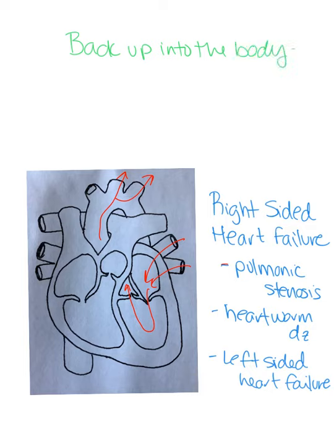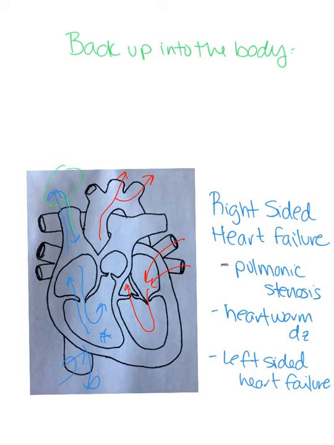So what this looks like, we're going to have blood that's going to be coming in the vena cavas, coming into the right atrium down to the right ventricle, but when this starts to fail, it's also going to be backing up, going in the reverse direction back into that right atrium, and also back out into the body.